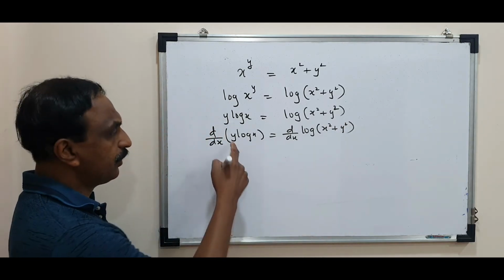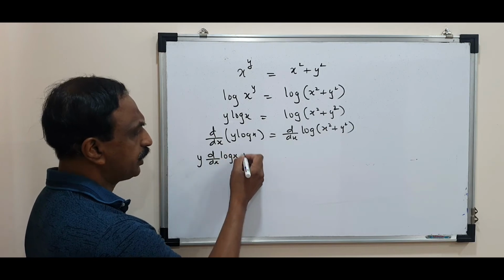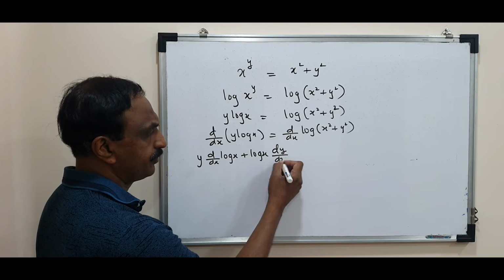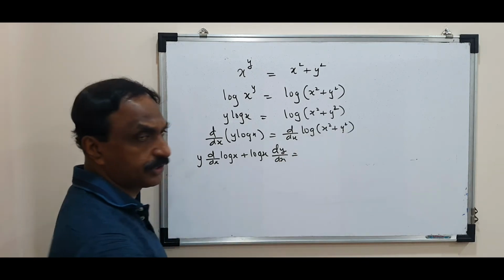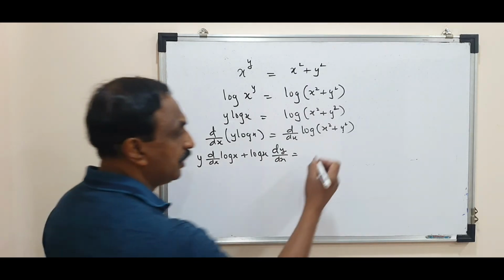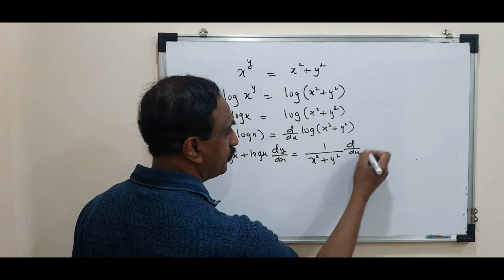When you differentiate this, product rule: y into derivative of log x plus log x into derivative of y, dy by dx, is equal to log u derivative. What is derivative of log u? Log x is 1 by x.